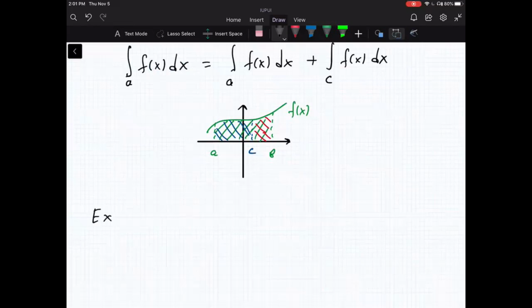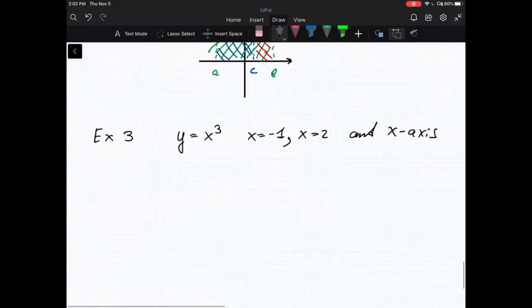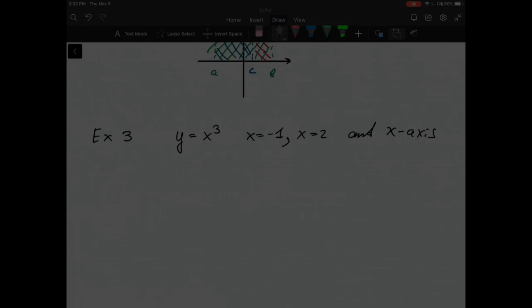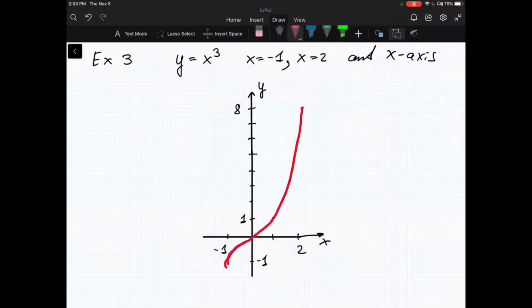So let's do it in the following example, number 3. Find the area of the region bounded by y(x) equals x cubed, x equals -1, x equals 2, and the x-axis. So let's draw the picture first, something like this.